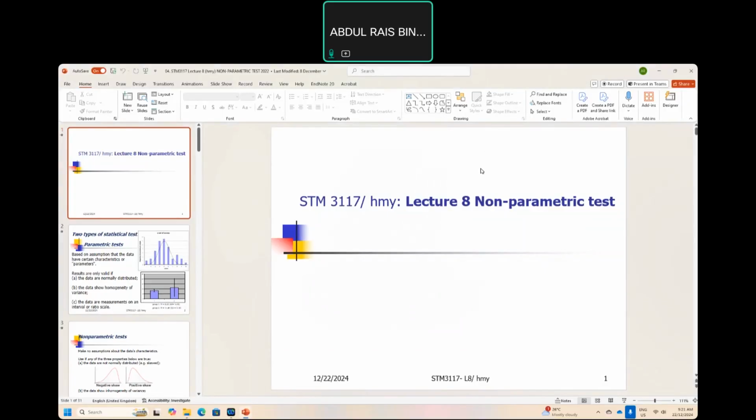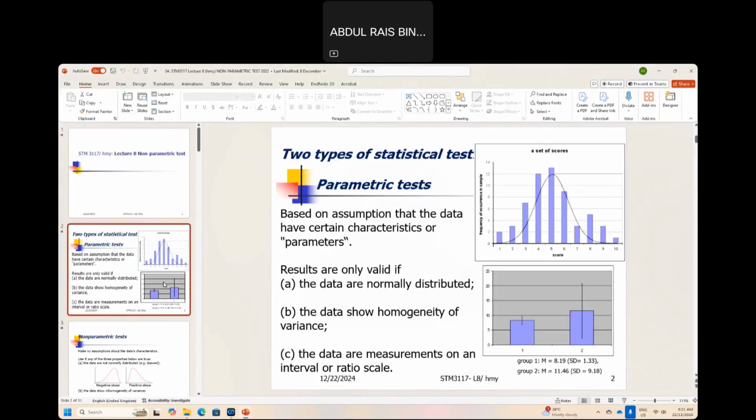So for this week's lesson, it will be about non-parametric tests. Seperti yang saya telah terangkan minggu lepas, parametric test ialah inferential statistical test yang kita buat dalam keadaan data is normally distributed and data shows homogeneity of variance.